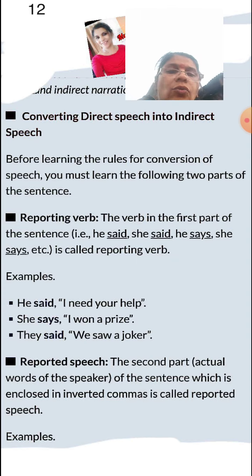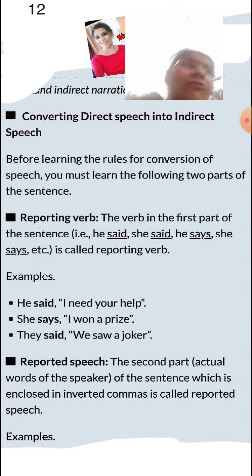Before learning the rule for conversion of speech, you must learn the following two parts of the sentence. Reporting verb: the verb in the first part of the sentence, that is, he said, she said, he says, she says, is called the reporting verb.